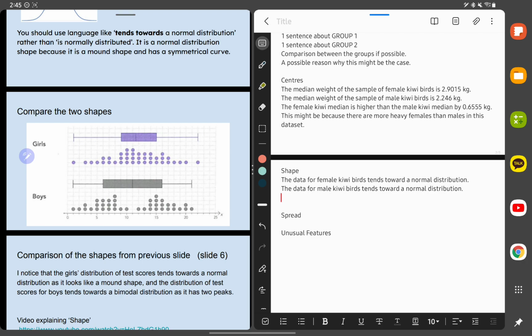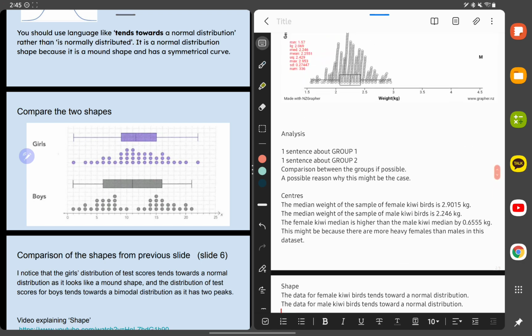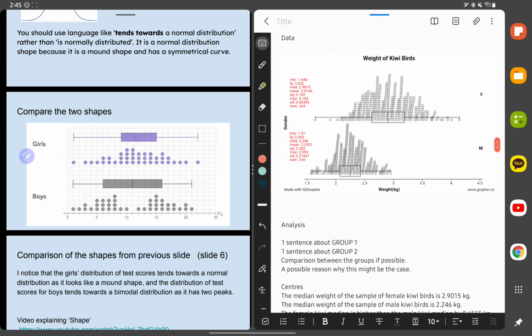So a possible reason why this might be the case: if it was bimodal, we'd say why it was bimodal. If it was skewed, we'd say why it is skewed. In this case, it's not skewed. It's a nice normal distribution, quite a clean normal distribution for the most part.